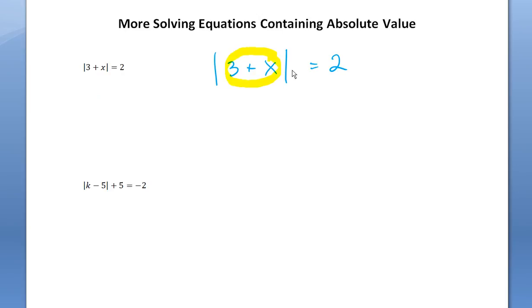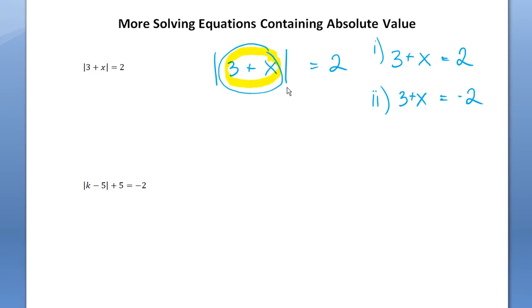In order for this statement to be true, what I just circled here, 3 plus x, has to be equal to 2. That's one way. The other thing that could happen is that quantity in there could also be equal to negative 2. That would be legal because if this quantity was equal to negative 2, when I take its absolute value, it would make it positive 2 again.